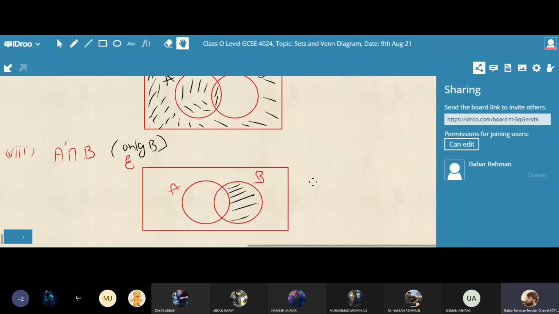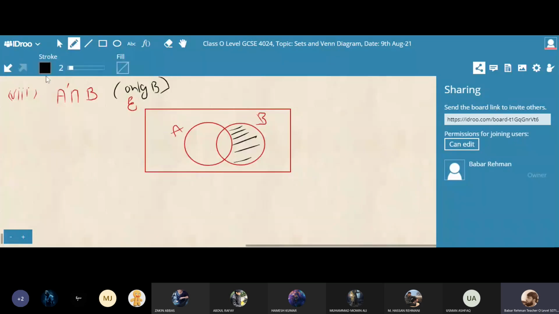Third one you have to draw, 9. Now you draw this. I'm giving you. What does it mean? Only A part will be shaded. Sir, only A part will be shaded. So, draw the diagram, that part will be shaded.